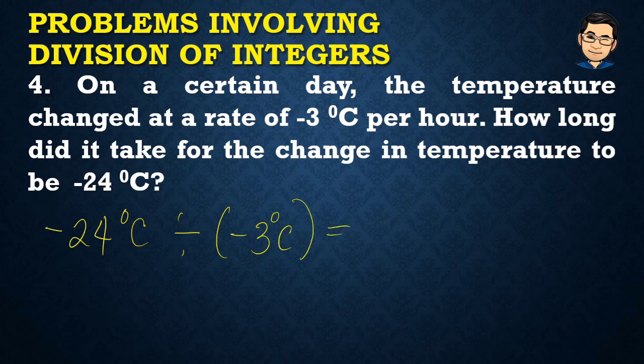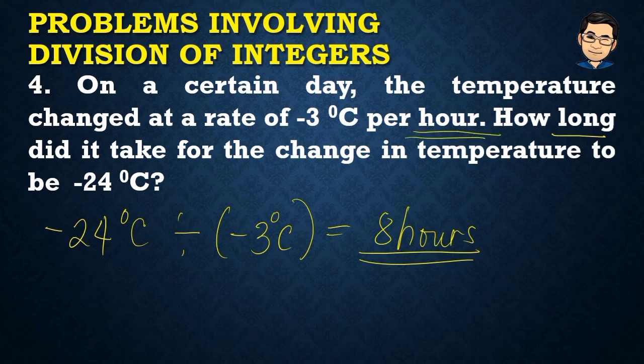So, kapag dinivide natin ang negative 24 sa negative 3, ang sagot ay 8. And then, ano ang units na ilalagay sa kanya? Hours. Why hours? Kasi tinatanong niya how long. Gaano katagal? Okay. So, yung rate niya kasi, negative 3 degrees Celsius per hour. Ayun o, kitang-kita. Hour. So, this will be our final answer.